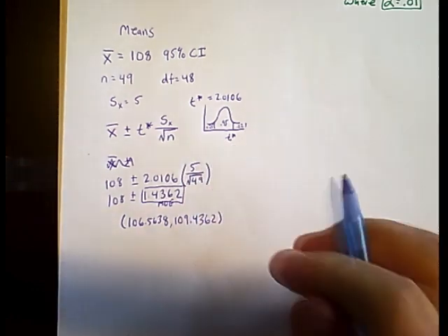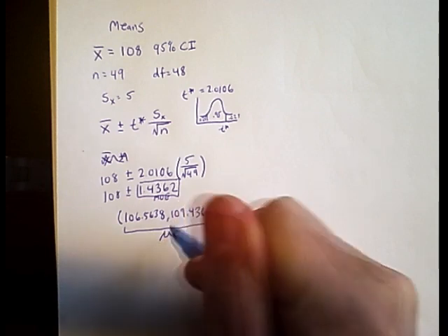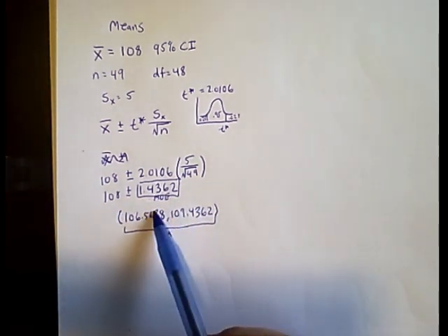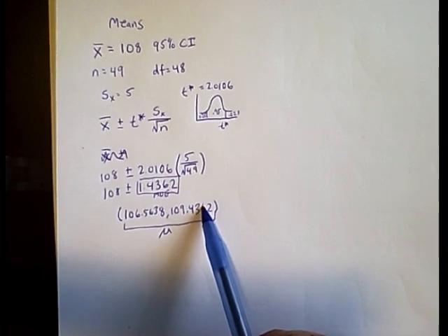Okay, so basically my mu has got to be somewhere from this value to this value. All right.